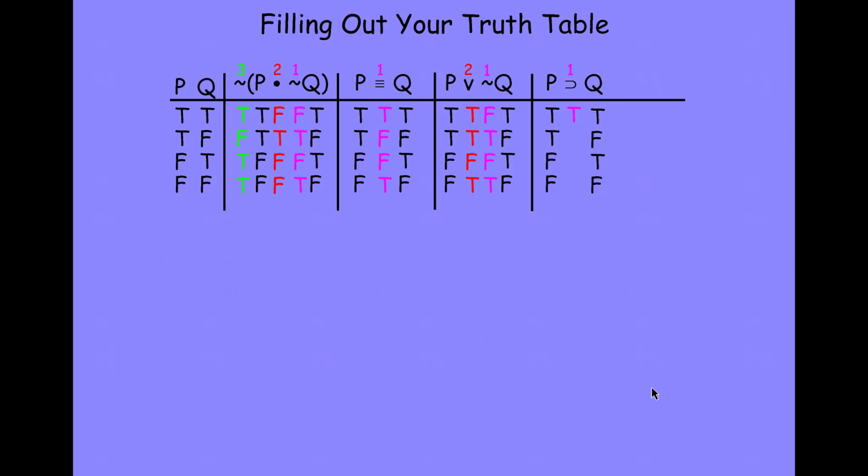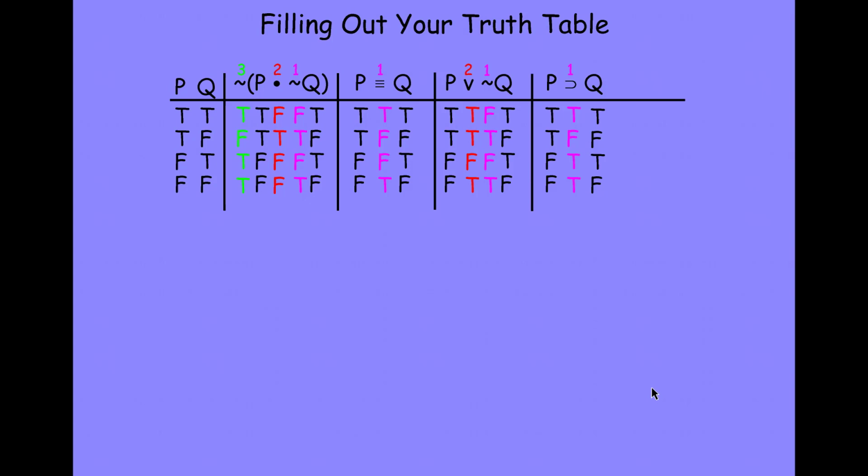On the second row, the antecedent is true, the consequent is false. That's the only way to make a conditional statement false, and so our truth value is false. On the third row, antecedent is false, consequent is true. Whenever the antecedent is false, the conditional statement is true, sorry. And so when the consequent is false but the antecedent is false in that last row, then the conditional statement is true.